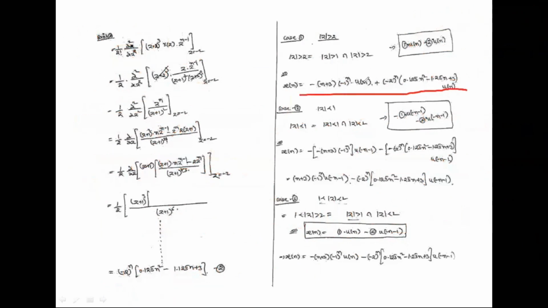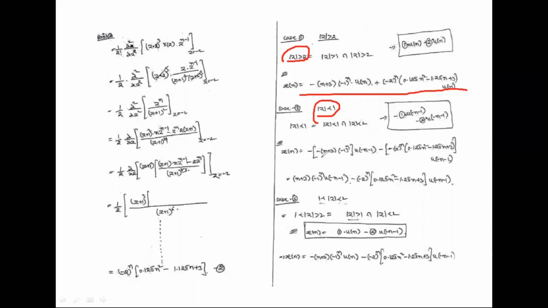Why I multiplied by 1 for the first ROC, saying that greater than 2 and less than 1, x of n is equal to, you see, instead of u of n, write u of minus n minus 1, keep the minus in front.